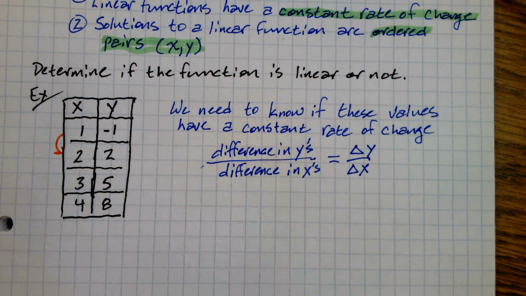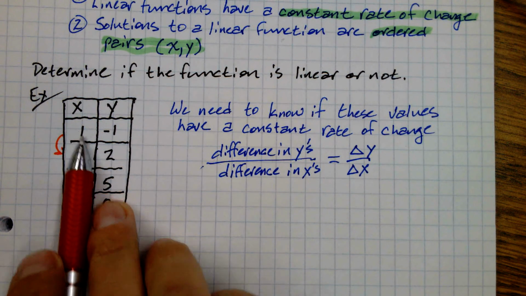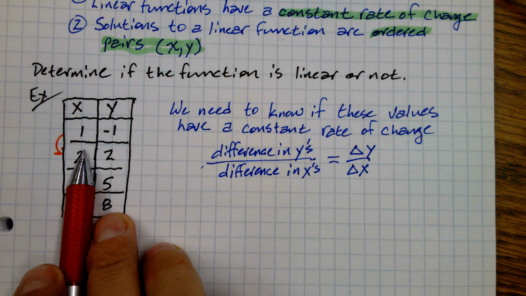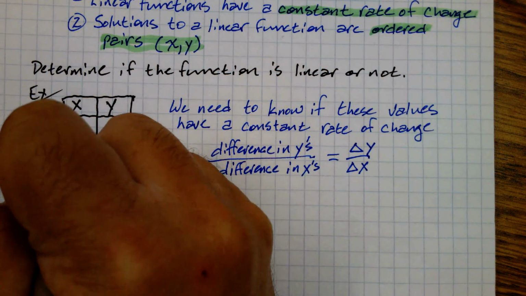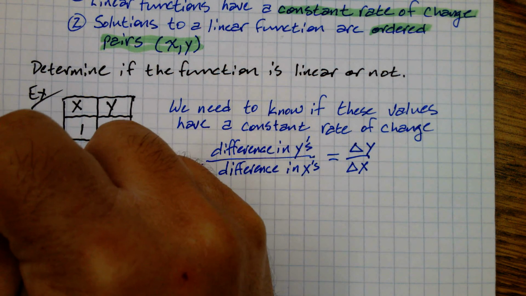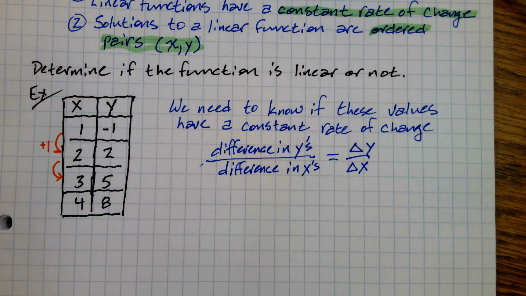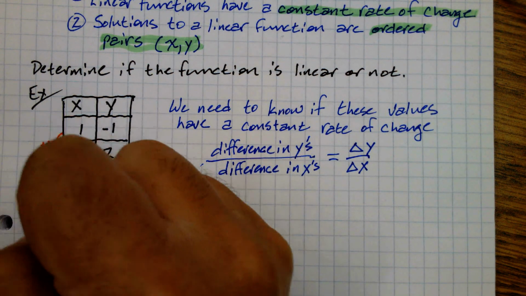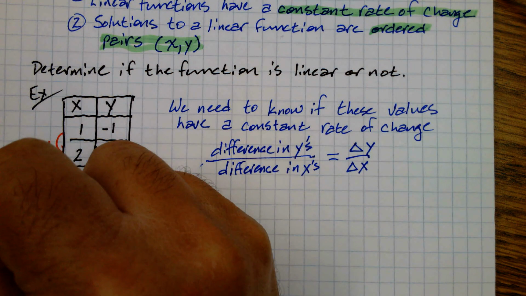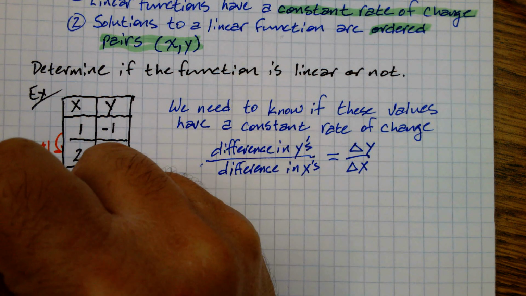Let's see. If I go in this direction, right? What's my difference in x values from going from 1 to 2? 1. So I increase 1. How about here? 1. And 1, right?